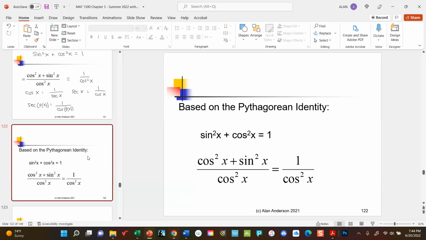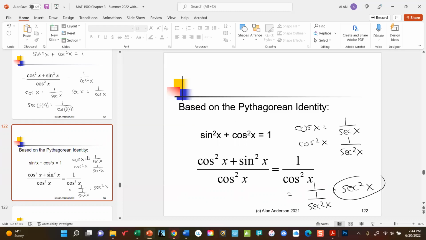That when you bring these together, since the cosine is the inverse of the secant, this indicates that the same thing holds for the squares. So this is equal to 1 over the secant squared of x, or just secant squared of x. Now, that's why I said it doesn't seem obvious at first glance. But sure enough, that is correct.